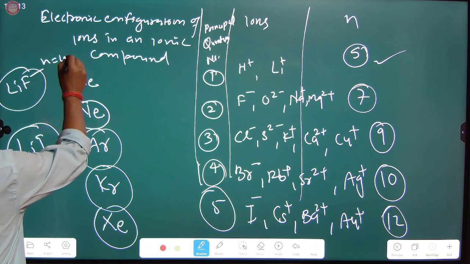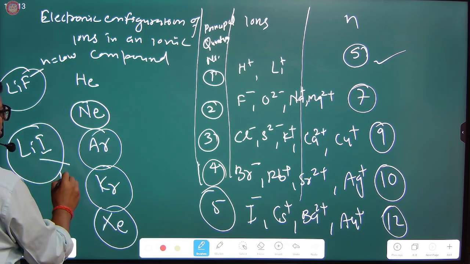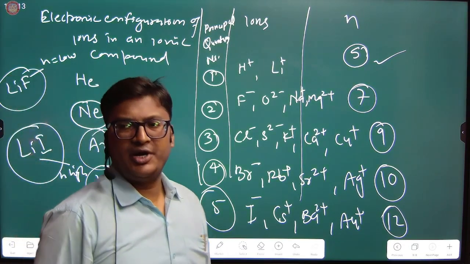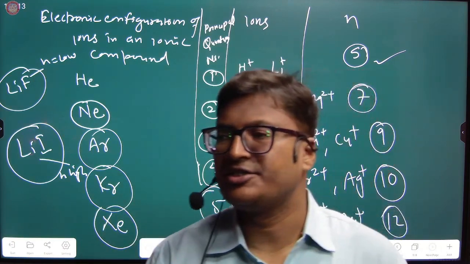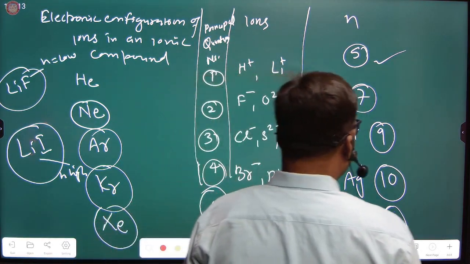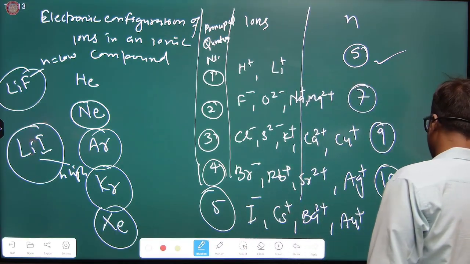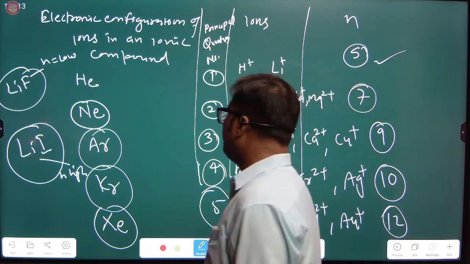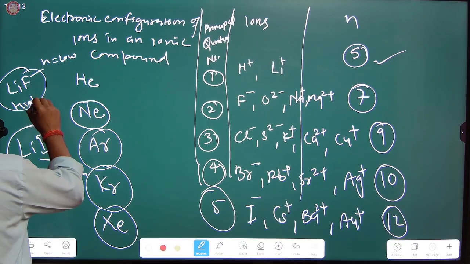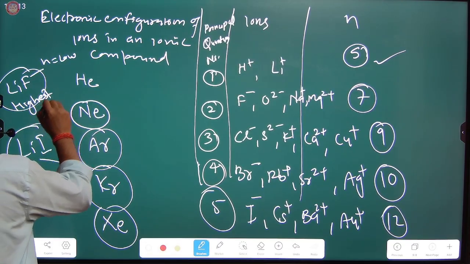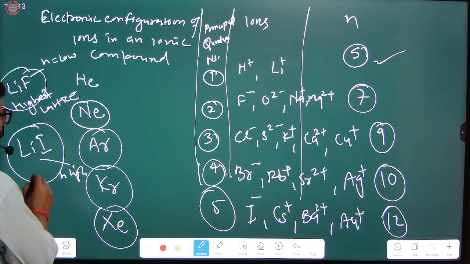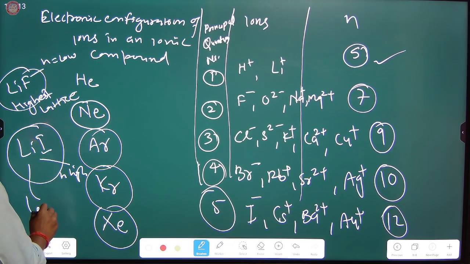Since the Born exponent is inversely proportional to the lattice energy, the larger the value of the Born exponent, the lower the lattice energy will be. So LiF possesses the highest lattice energy, while lithium iodide possesses low lattice energy.